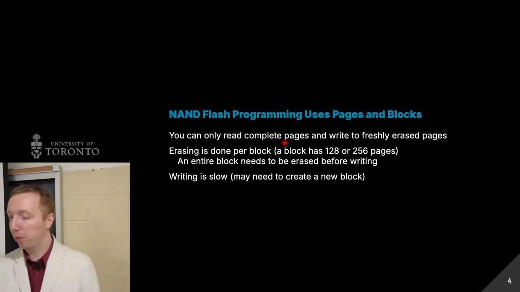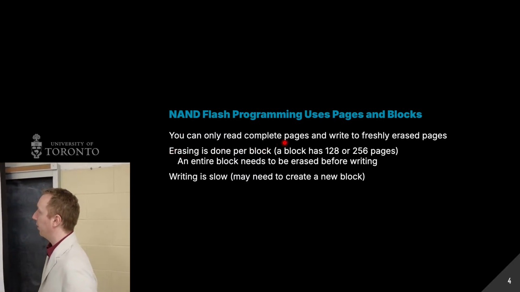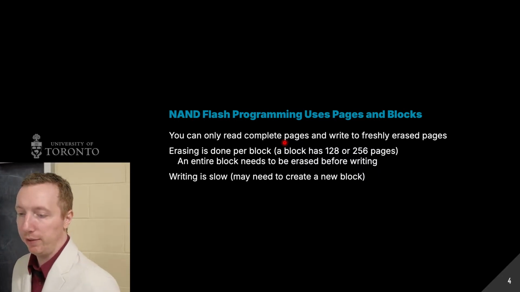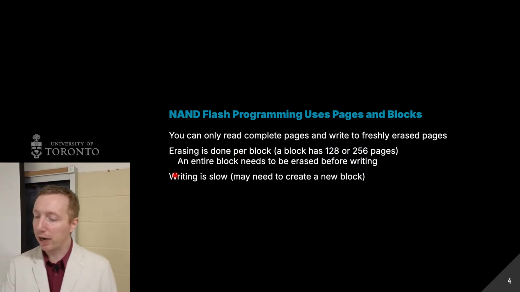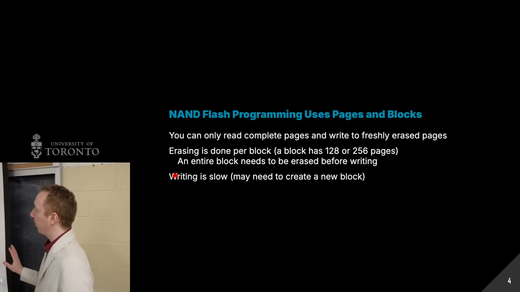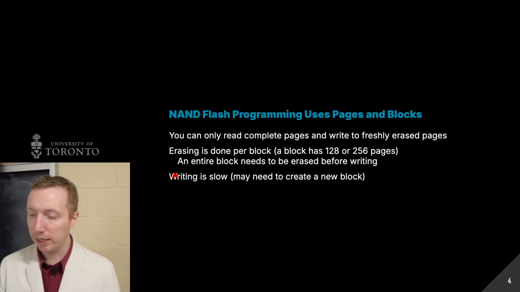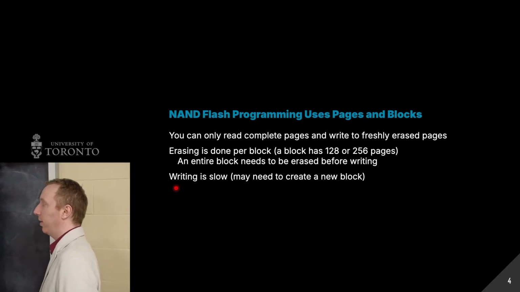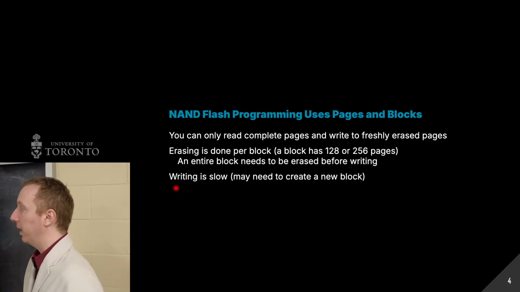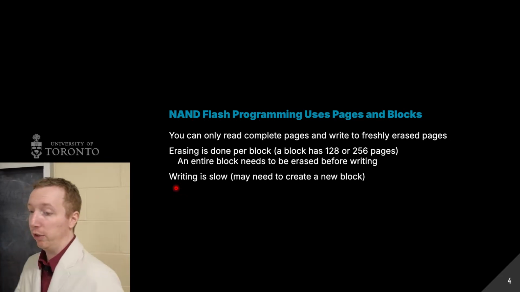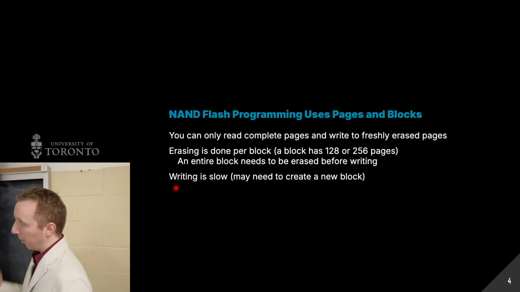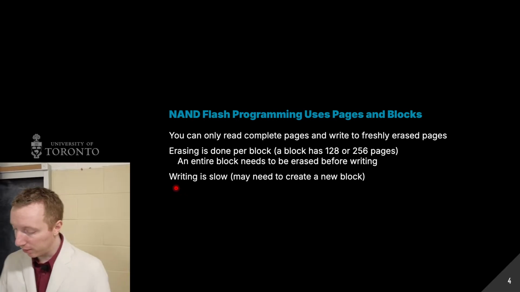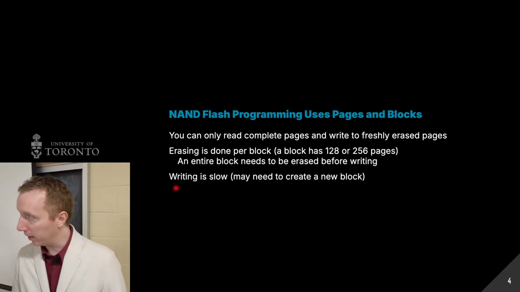Each block typically has 128 or 256 pages. And again, that entire block needs to be erased before you are allowed to write to it. This is why writing in general is slow, because I might need to create a new block. I might have to erase a block in order to actually do a write operation. So it might be a lot slower than just the time it takes to do the write.